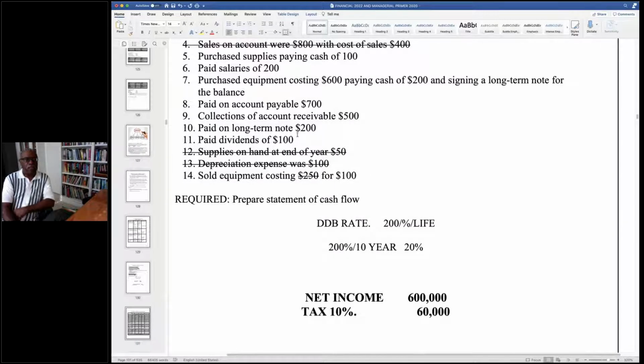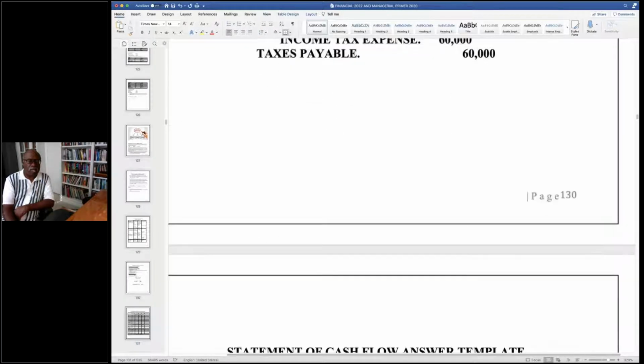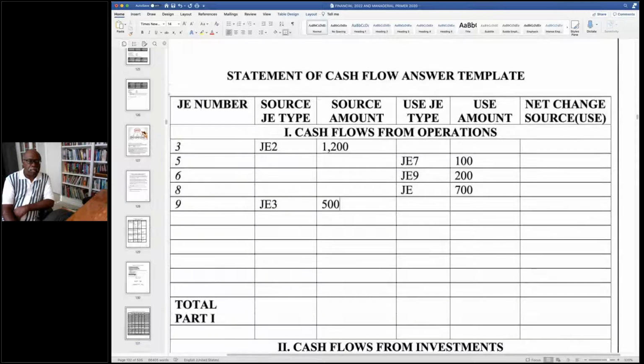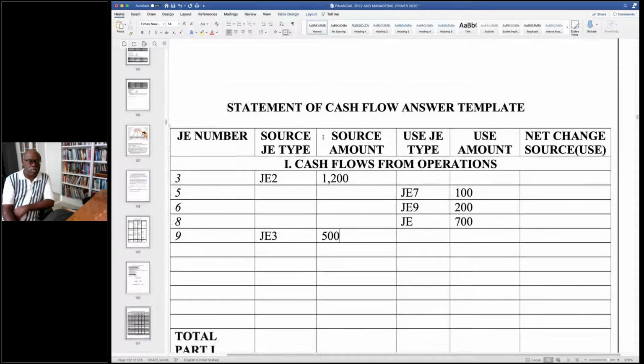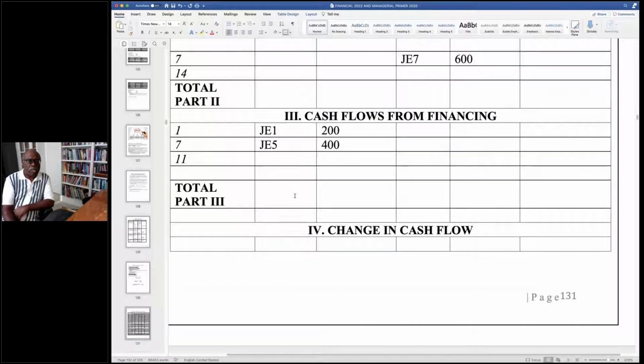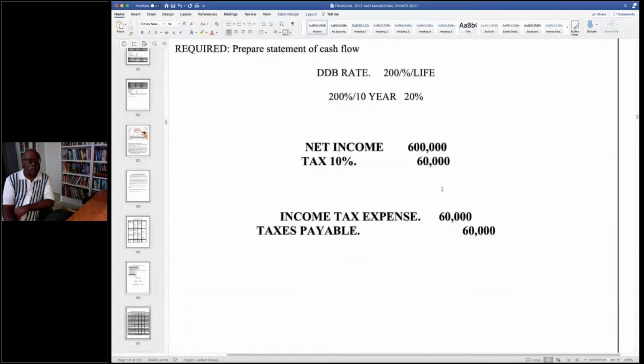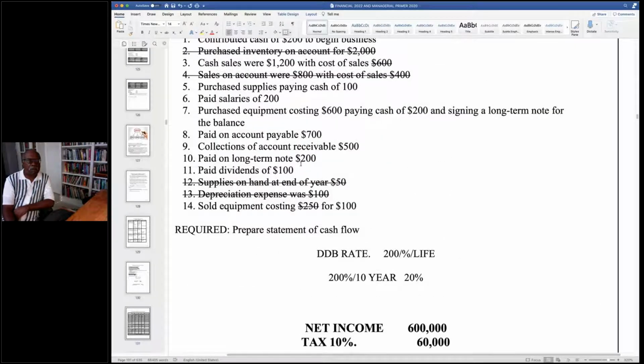Then we paid on the long-term note 200. So on the long-term note, we're paying what? $200.